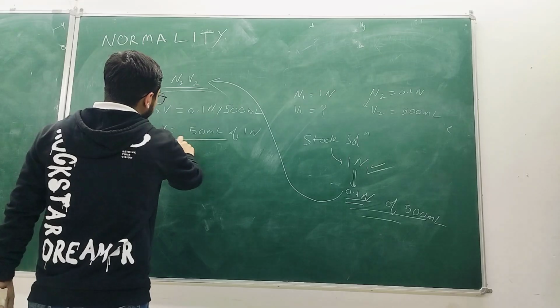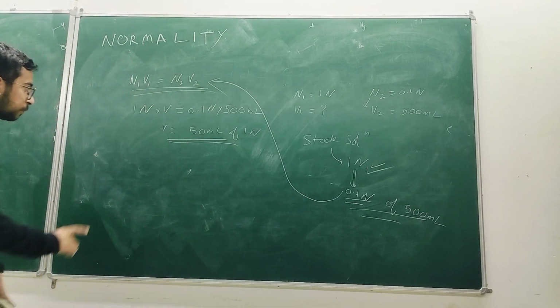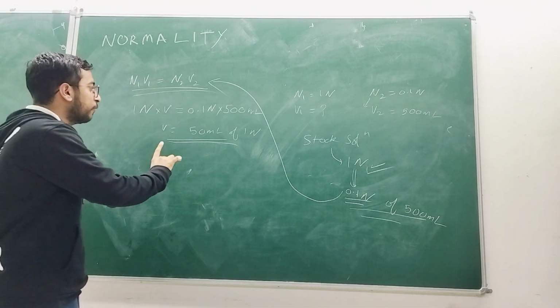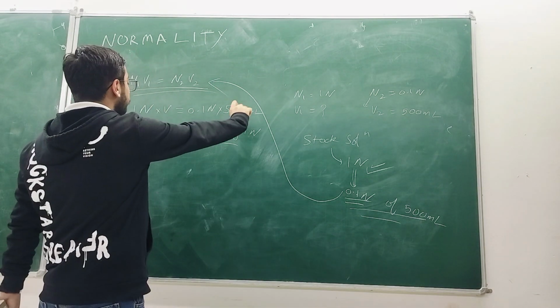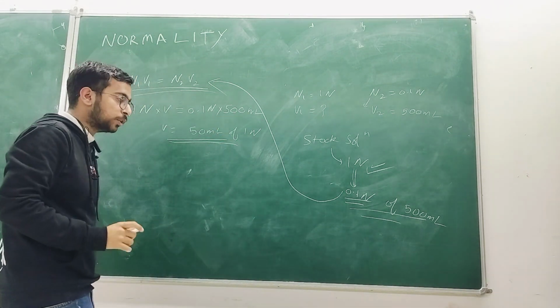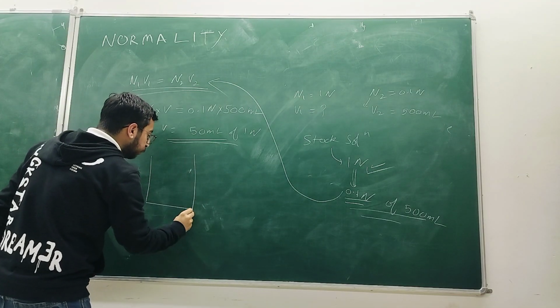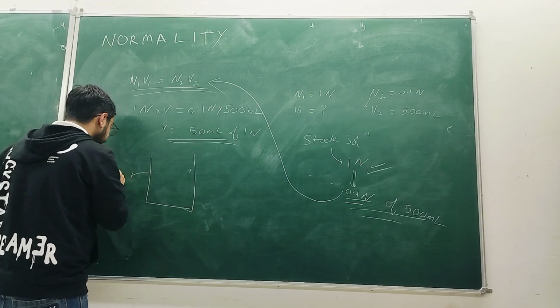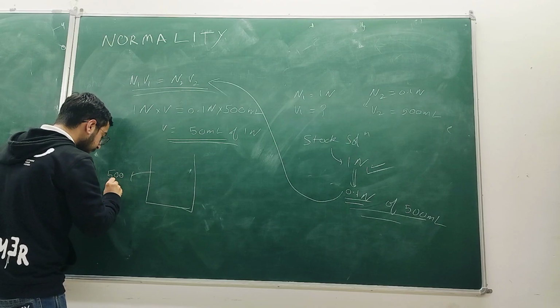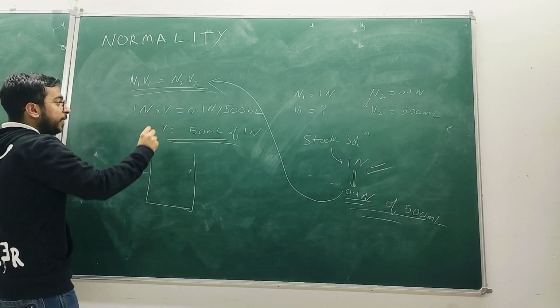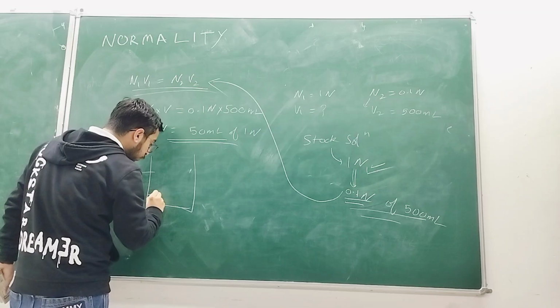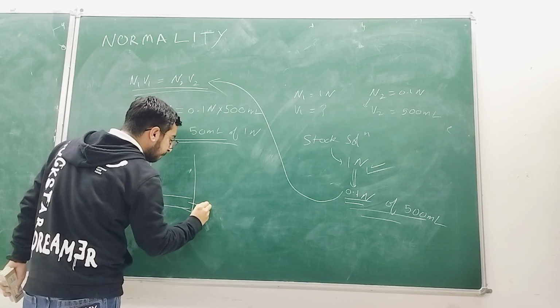So you have calculated from the dilution law that you require 50 ml of 1 normal solution to prepare 500 ml of 0.1 normal solution. To prepare this in the lab, you take a container of 500 ml. You add 50 ml of 1 normal solution.